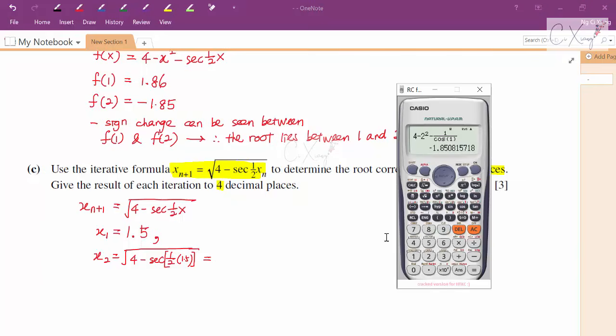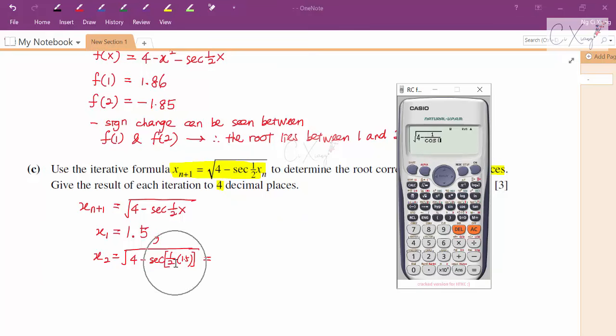Okay, and we can press the calculator for this. We need to key in the equation here. For this part, we have a square root, so I will key in the square root, and then 4 minus secant. For the secant part, I will use a fraction, where secant is equal to 1 over cos.